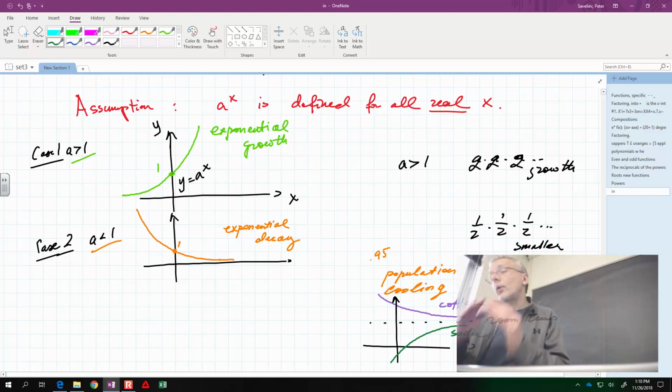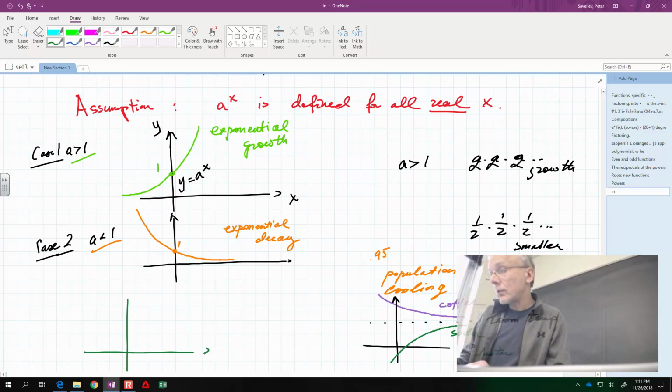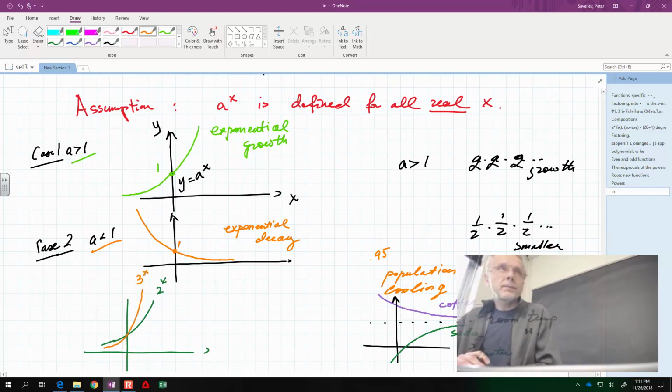So those degrees of growth, so this one is faster, I think, are determined by the value of a. Whenever a is larger, such as this is 2 to the x, and this is 3 to the x, it grows faster.